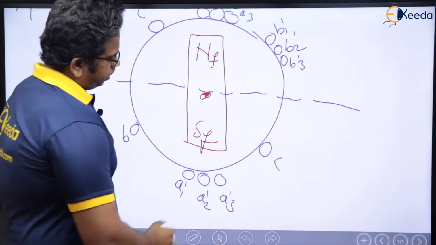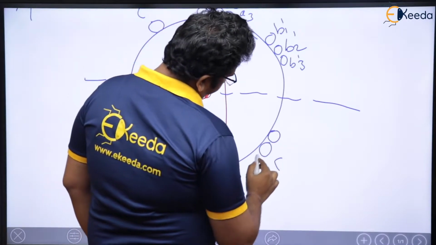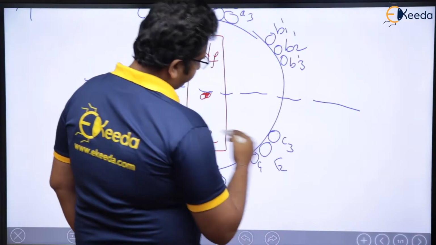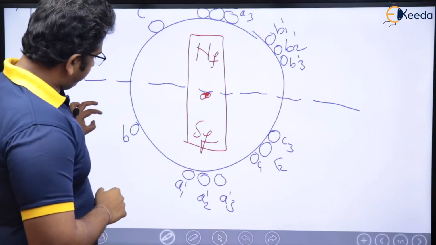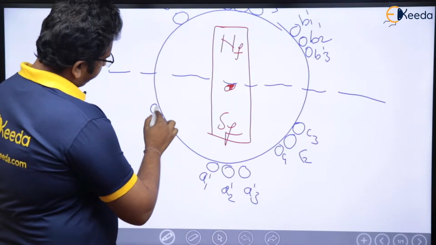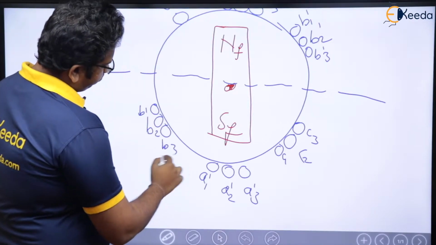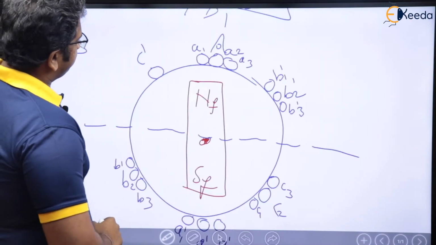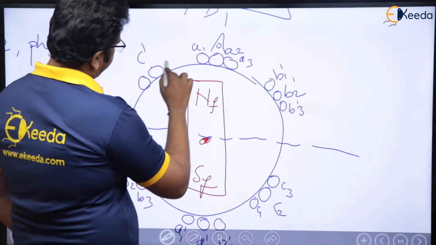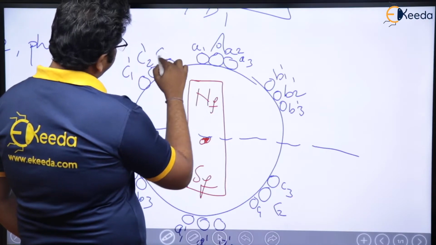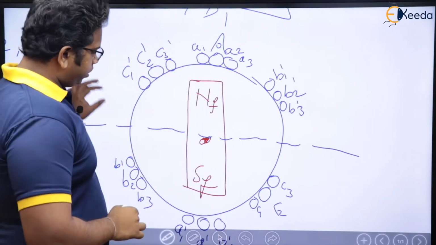If this is C, then here I am going to have C1, C2, C3. If this is B, then I am going to have B1, B2, B3. Similarly, I am going to have C1 dash, C2 dash, C3 dash. This is the thing.